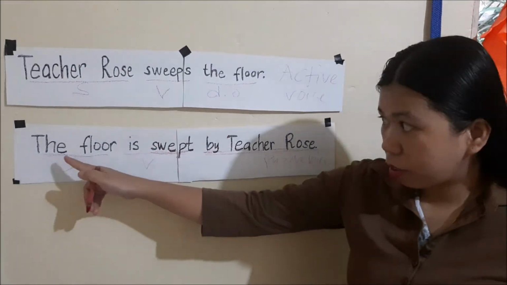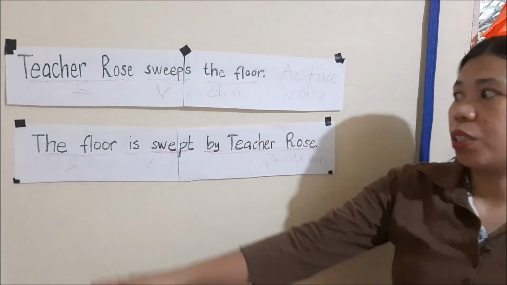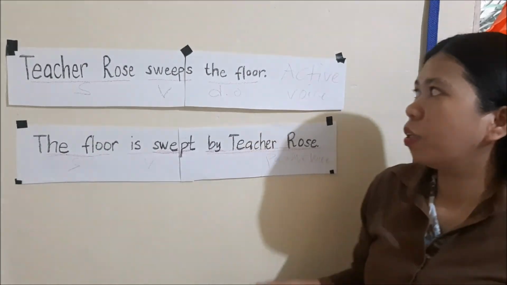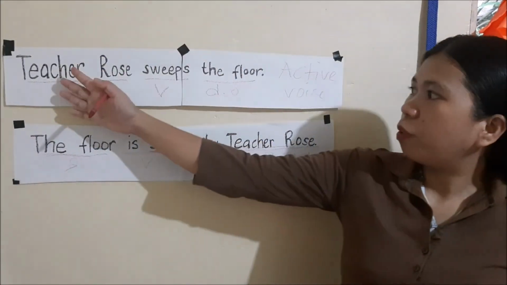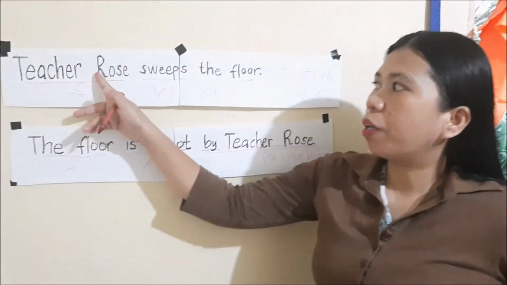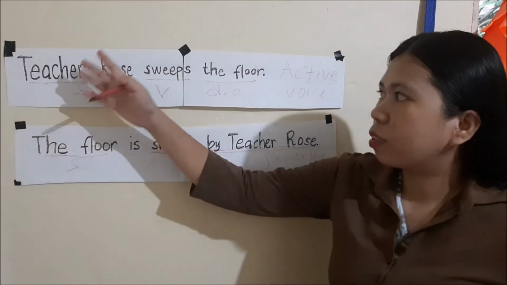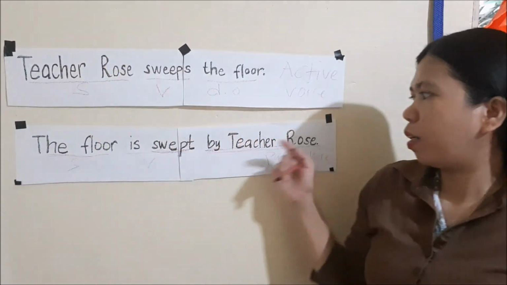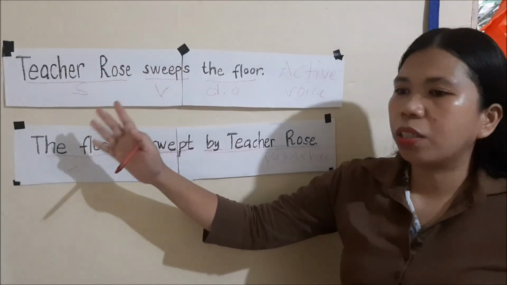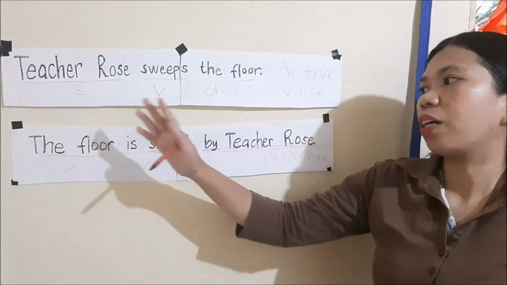The subject, the floor, is the receiver of the action, while in the active voice, the subject is the one who does the action. Get me? The subject is the one who does the action in the active, and in the passive, the subject is the receiver of the action of the verb.